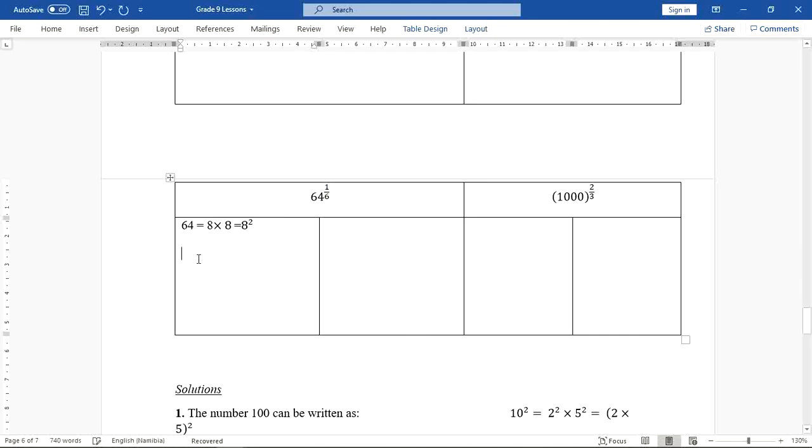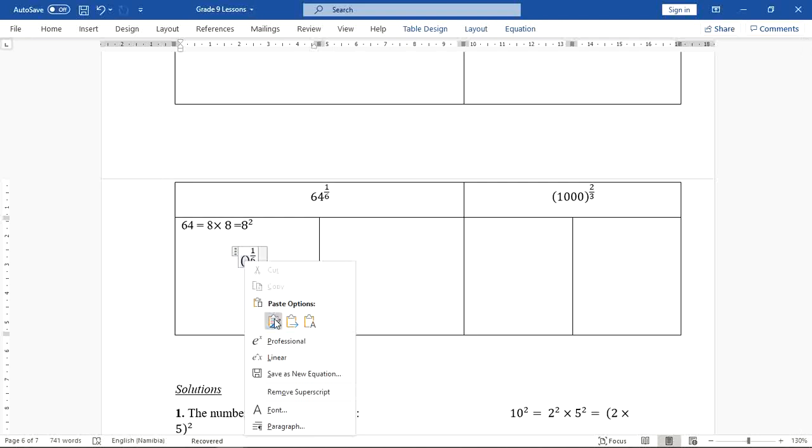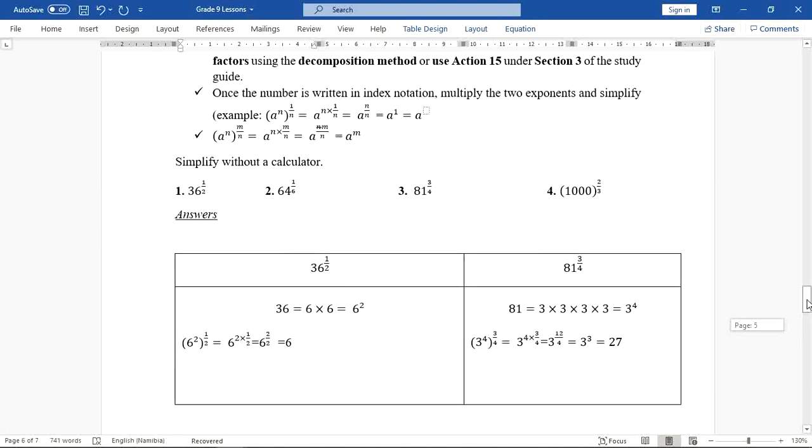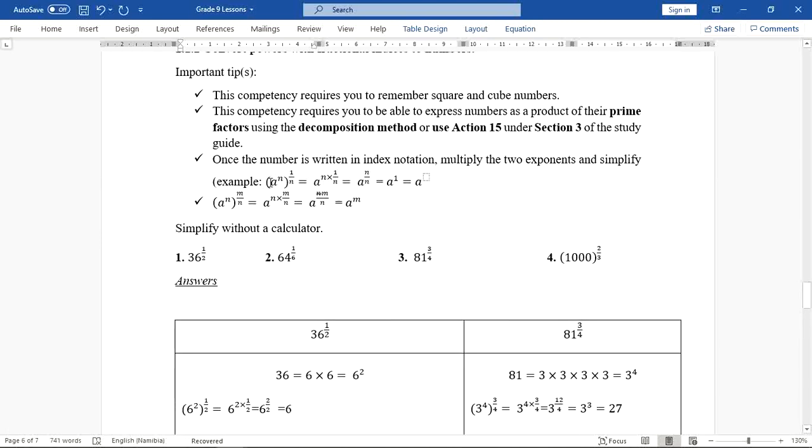Let me go down and paste. So I have the bracket open and closed, and inside here I have 8 exponent 2. Now, once you have written that number in index notation, you should multiply the two exponents, the one inside and the one outside.